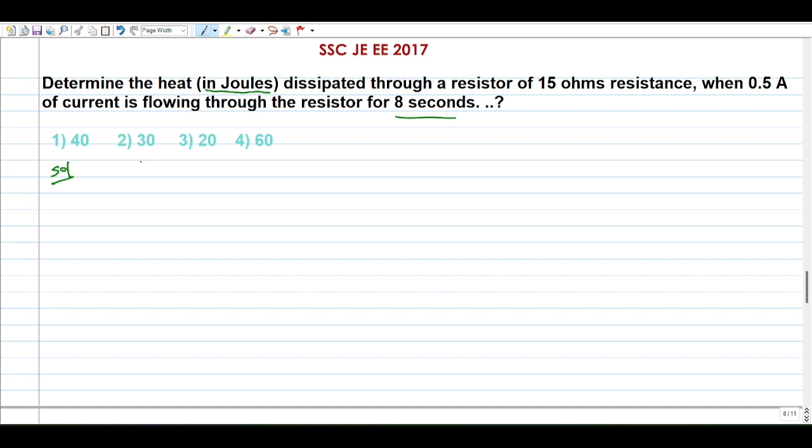We need to find how much energy in the form of heat is dissipated in this resistance when 0.5 amps of current flows through it for 8 seconds.